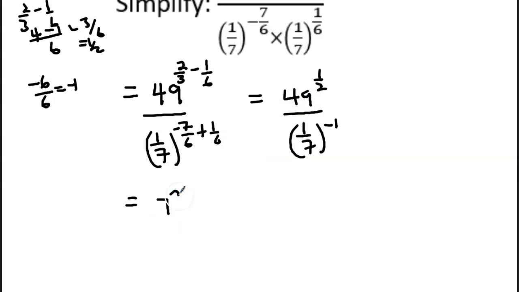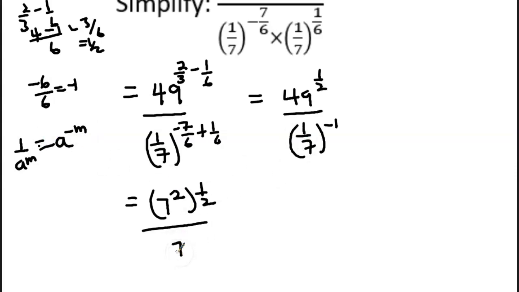So we have 7 to the power 2 all raised to the power 1 on 2 over, according to indices, 1 over a raised to the power m is the same as a to the power minus m. So we can write this as 7 to the power minus 1 times minus 1.